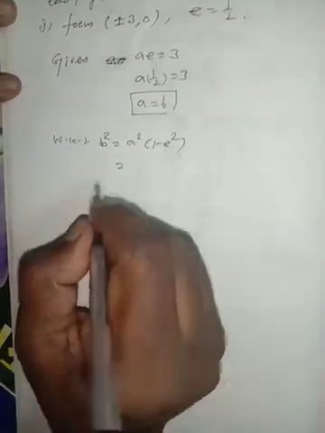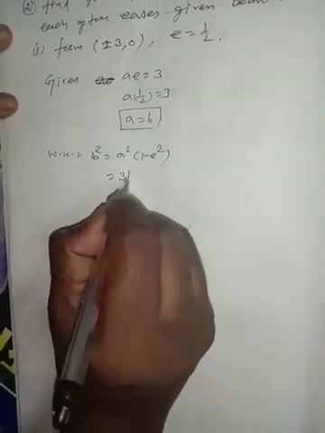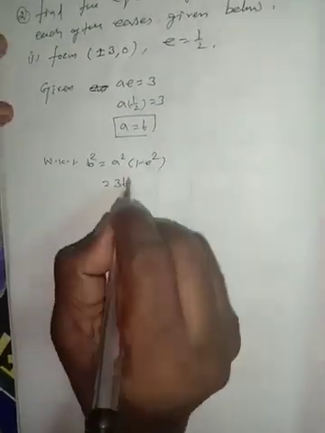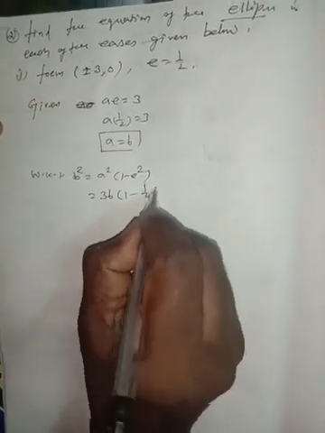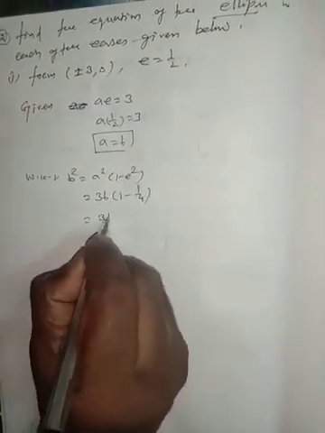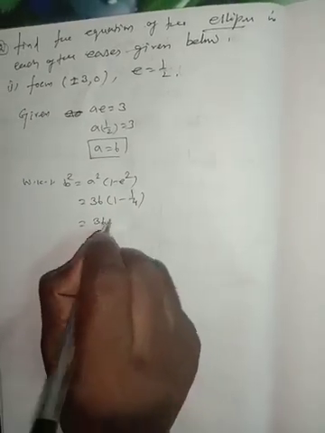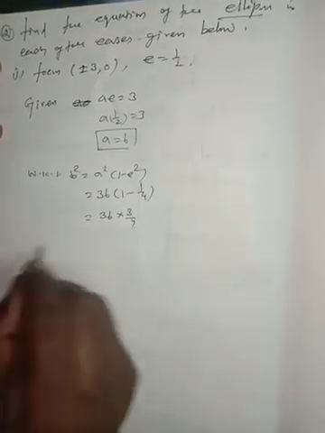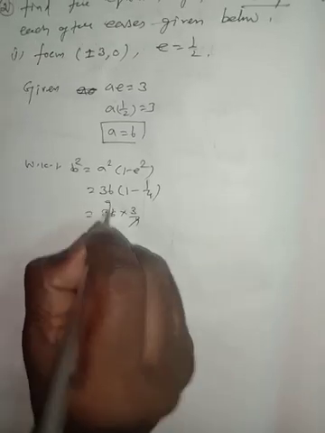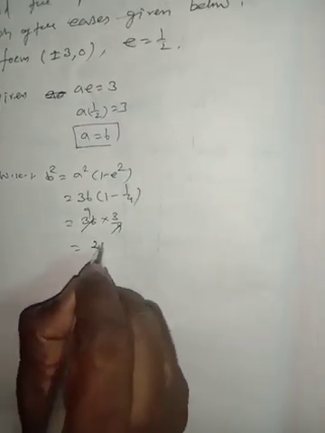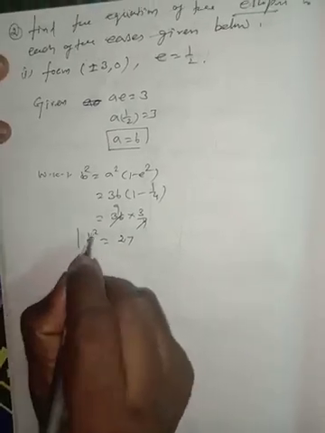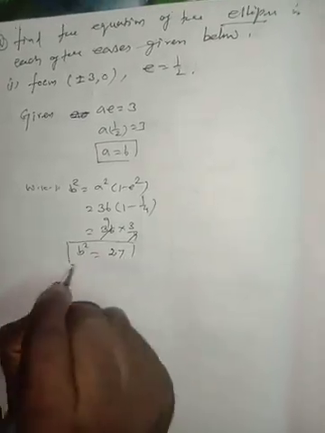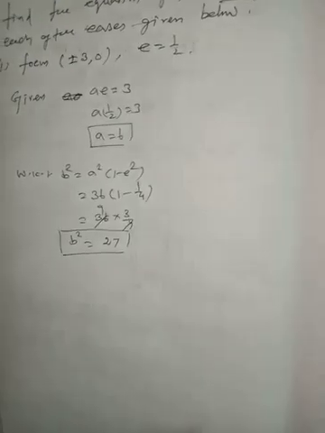A square is 6 square, 36. 1 minus e square, e square is 1 by 4. 36 into 3 by 4. This and this are cancelled. 9 3s are 27. B square is 27. A square is 36, b square is 27.